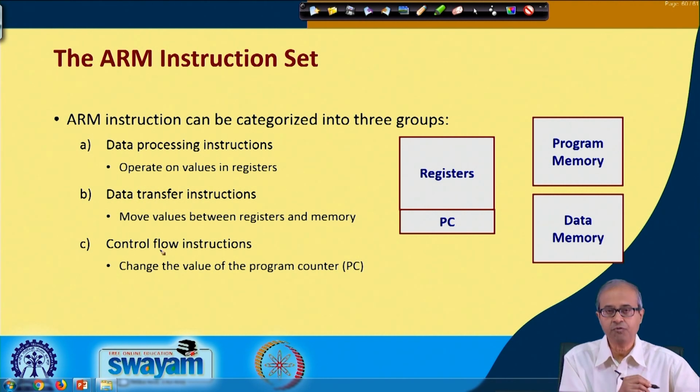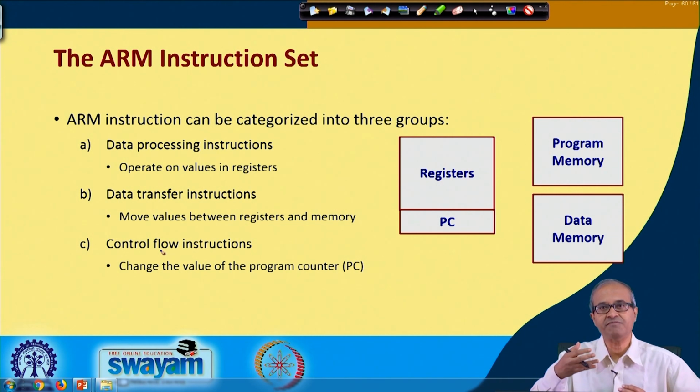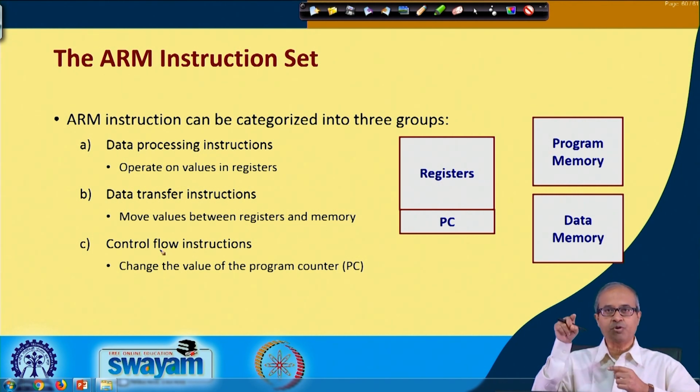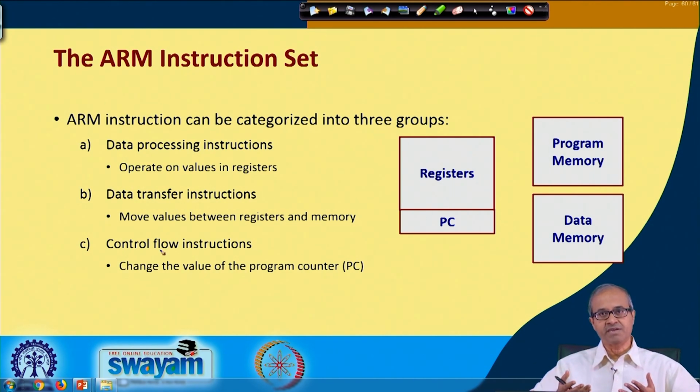And control flow instructions are those which will alter the sequence of execution of a program. Normally, as I said, the program counter will be pointing to the next instruction to be executed. As the instructions are executing, the value of the program counter gets incremented consecutively. But whenever you have instructions like a jump or a subroutine call, suddenly that sequence will be disturbed.